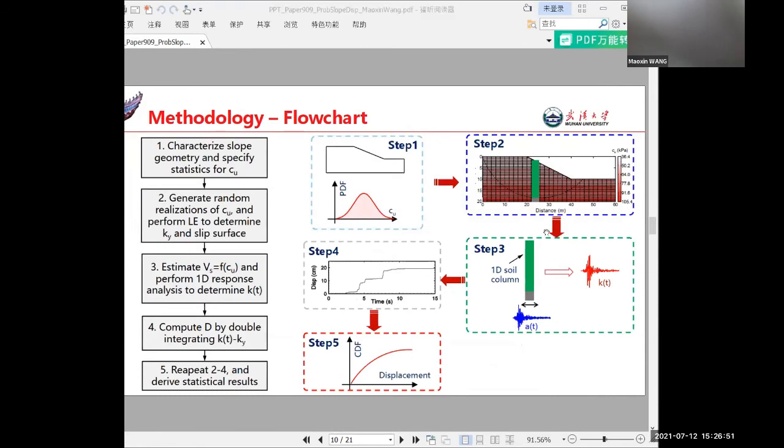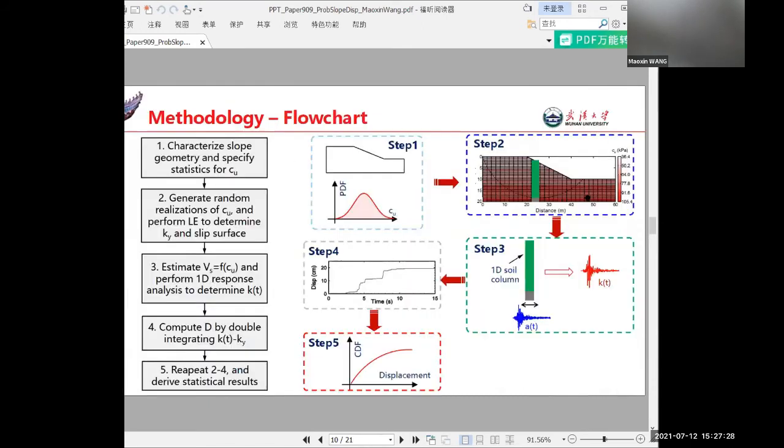Then the flowchart demonstrates how we consider the spatial soil variability in the slope displacement analysis. First, we characterize the slope geometry and specify the statistics of Cu and other soil parameters. Step 2, we generate random realizations of Cu and substitute them into the slope model to perform LEM analysis to determine the yield acceleration Ky and the critical slip surface.